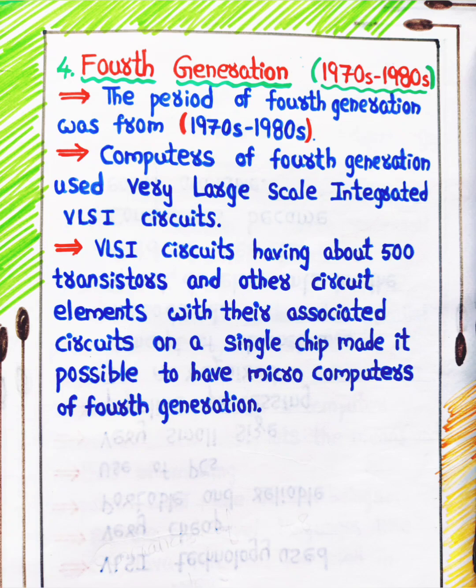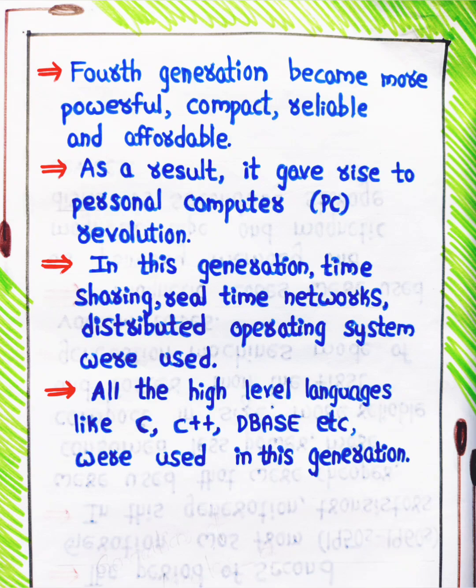VLSI circuits having about 500 transistors and other circuit elements with their associated circuits on a single chip made it possible to have microcomputers of fourth generation. Fourth generation became more powerful, compact, reliable and affordable.